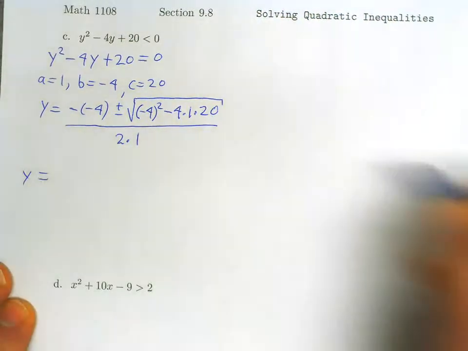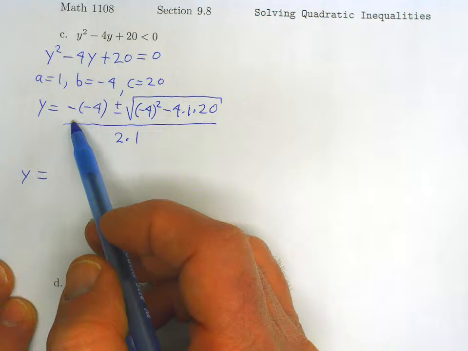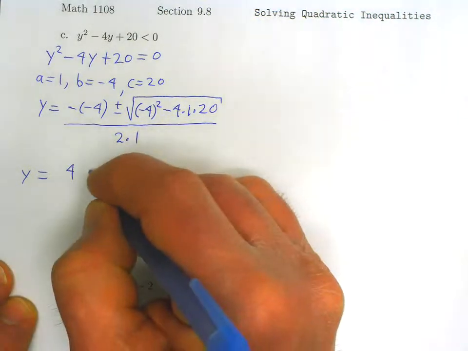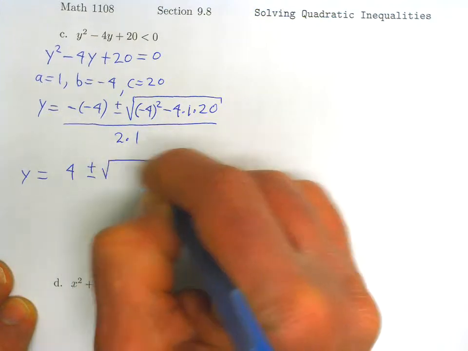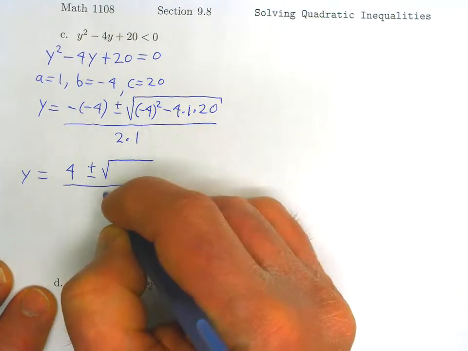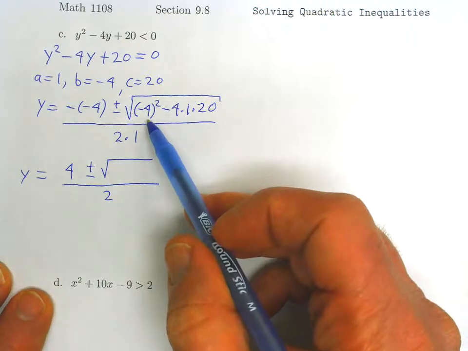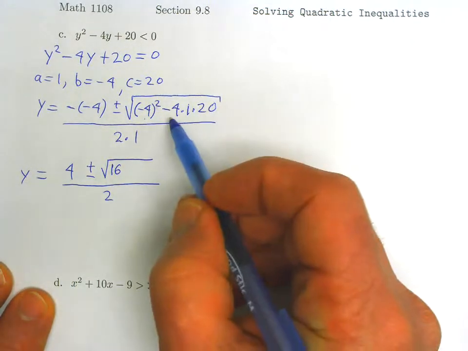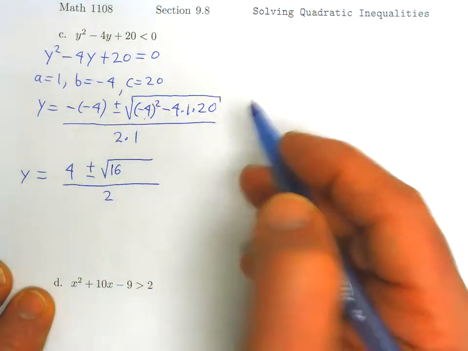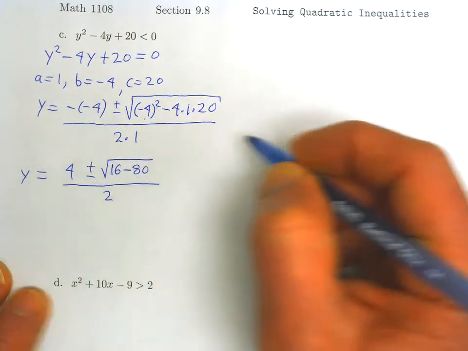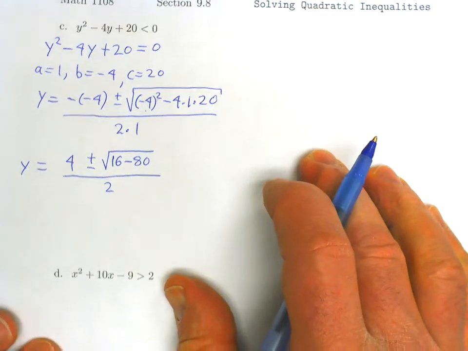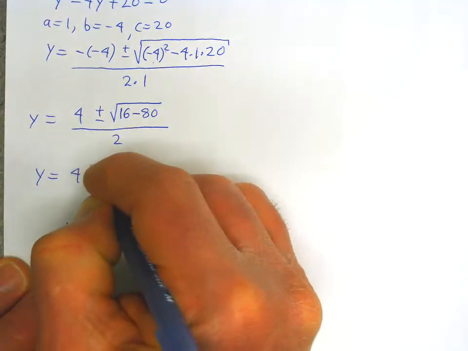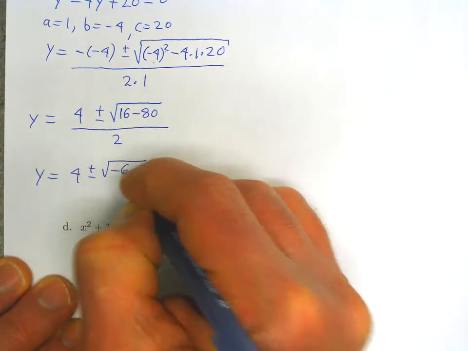So we'll do the arithmetic. Y is equal to the negative of -4 is +4, plus and minus the square root of some number divided by 2. Inside the square root, the number -4 squared is +16. And we're subtracting 4 times 1 times 20, we're subtracting 80. So the discriminant is negative. So we get y equals 4 plus and minus the square root of -64.